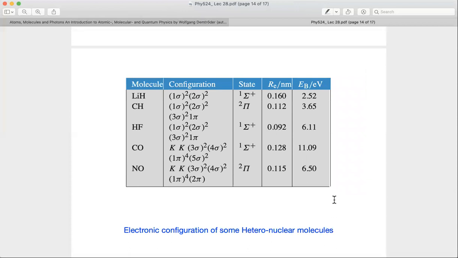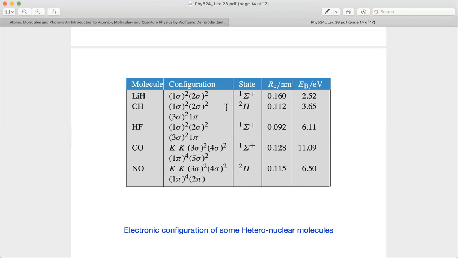But homonuclear is just a very restricted set. So let's go ahead to heteronuclear molecules. The simplest you can think of are LiH, CH, HF, CO, NO, etc. And there again you start with 1 sigma states: 1 sigma square, 2 sigma square coming from lithium, and 1 sigma square coming from hydrogen. And since it is heteronuclear, I can no longer talk about gerade and ungerade.